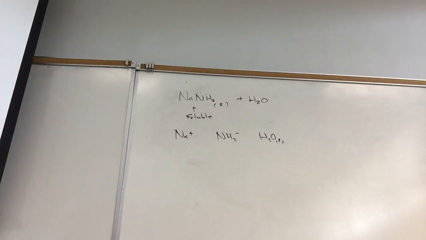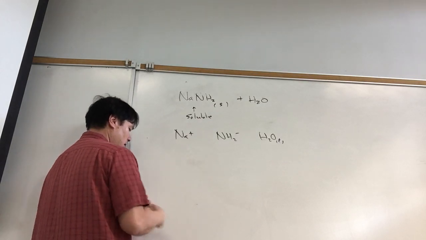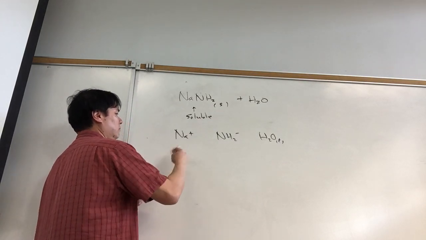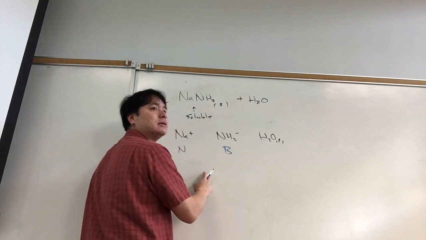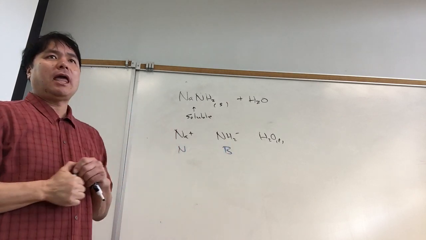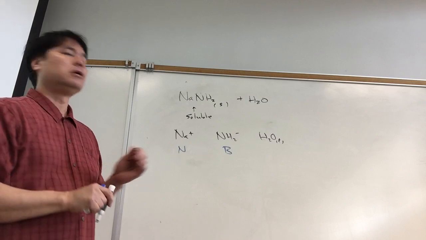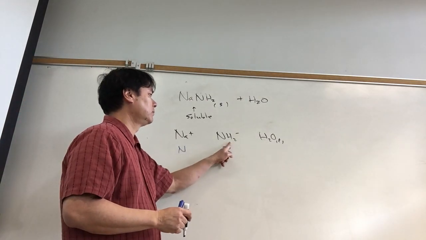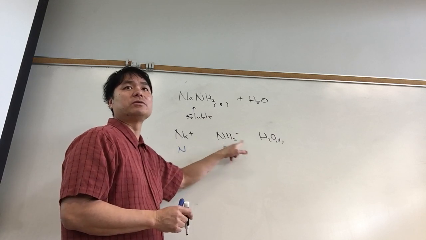But automatically you should see amide. Now amide's not going to be stable in water, is it? And so, well, we could do this by acid-base as well. Sodium ions are neutral. Amide is a base. Amide could also be amphoteric. You know, bases are proton acceptors. If this accepts a proton, we should form NH3, but it could also lose a proton.